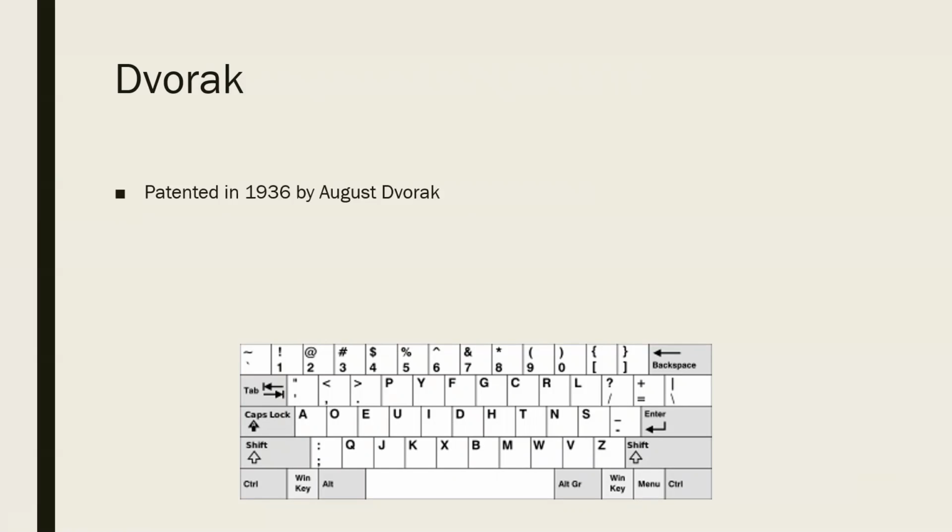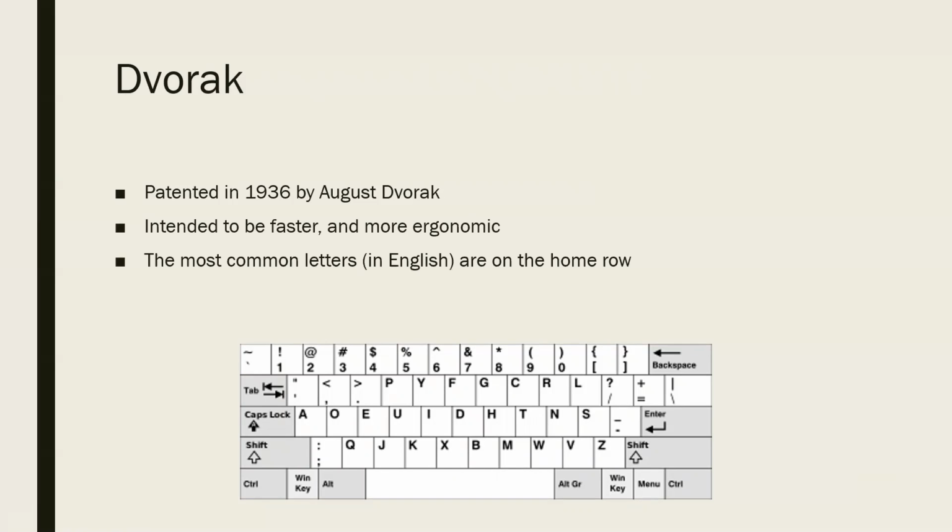Dvorak was patented in 1936 by August Dvorak, and it's named after the inventor. It was intended to be faster and more ergonomic, and it did this by putting the most common letters on the home row of the keyboard, the row in the center. That means your fingers don't have to stretch as much when typing the most common keys.